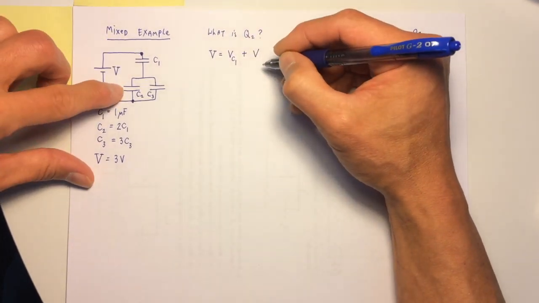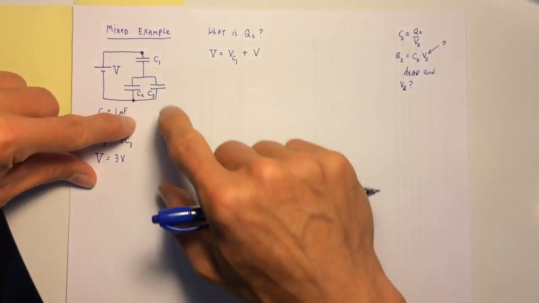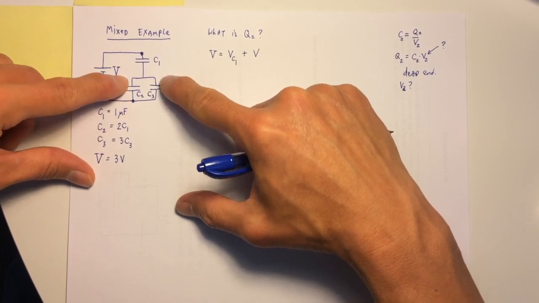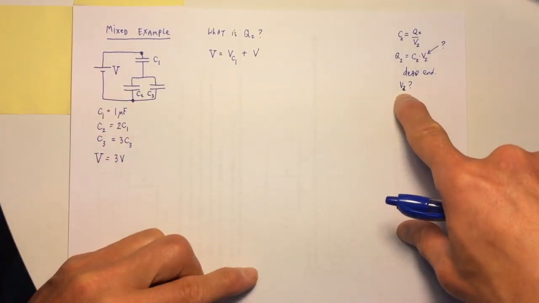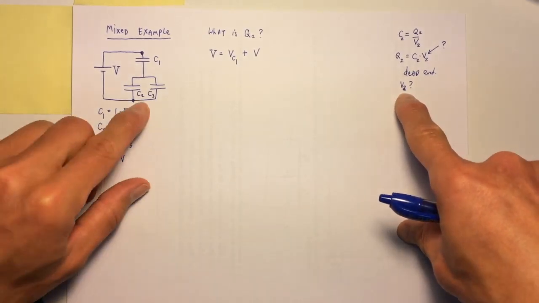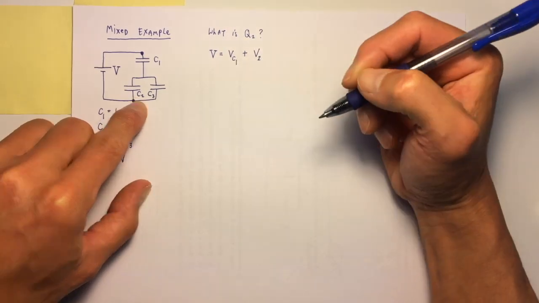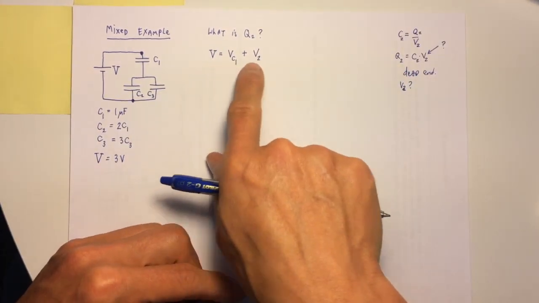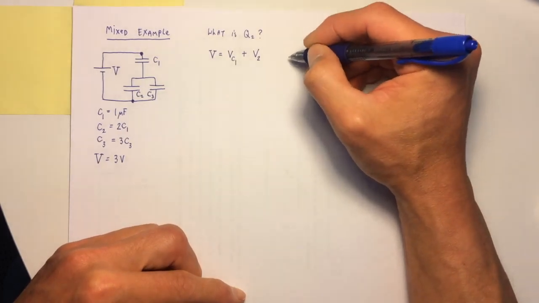the voltage across either capacitor 2 or capacitor 3, because they're in parallel, they have the same voltage. In particular, I really want to know what V2 is, so I'm not going to introduce V3, I'm going to introduce V2. It is a mistake to also include V3.